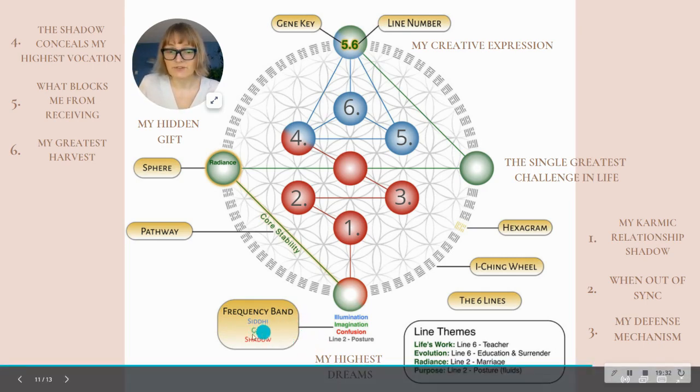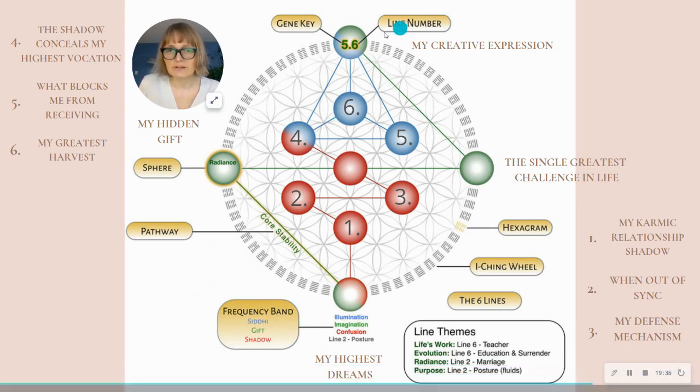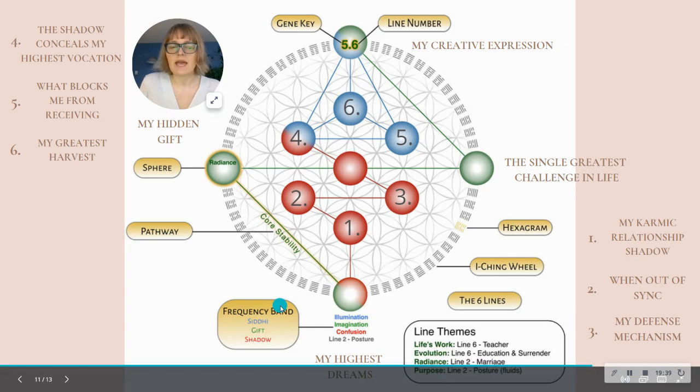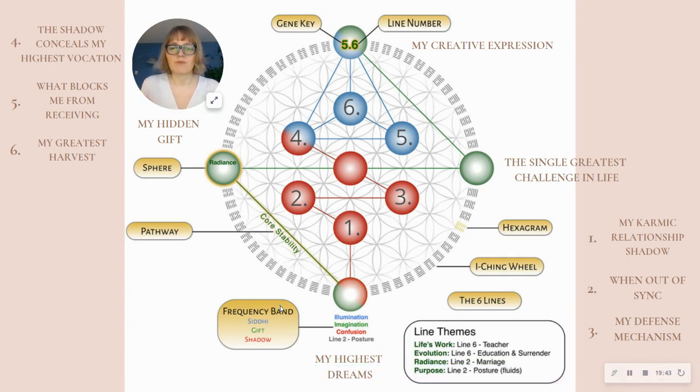Then we have the gift, and then we have the shadow. It's really useful to check all of them. As I said earlier, don't just check your shadow, but check also your gift and your Siddhi, because that's the highest expression.